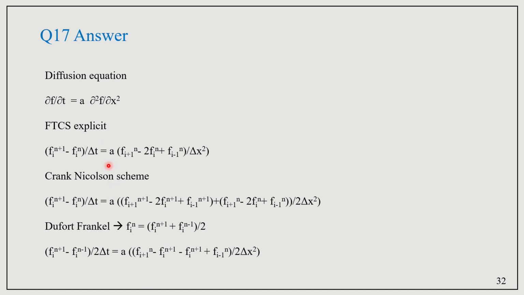So except FTCS explicit scheme, Crank-Nicolson scheme and Dufort-Frankel scheme are second order accurate in both time and space. So that is it for question 17.